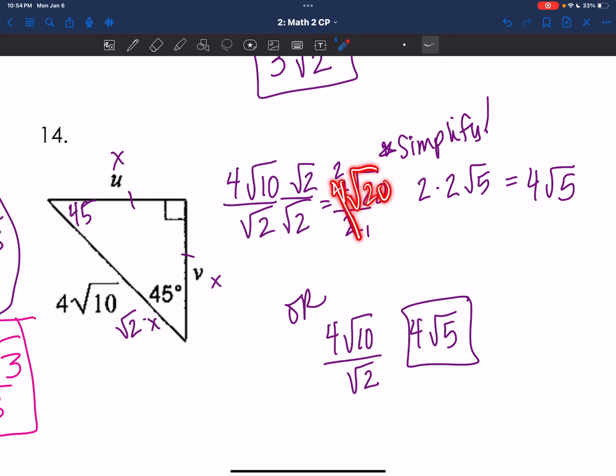And then what I did was I simplified 4 and 2 to 2 over 1. And then I did 2 times root 20, and root 20 is 4 root 5. So square root of 4 is 2, and then 4 root 5. Or what you can do is actually combine those into 10 over 2. And then that's going to give you 4 root 5. Either way.